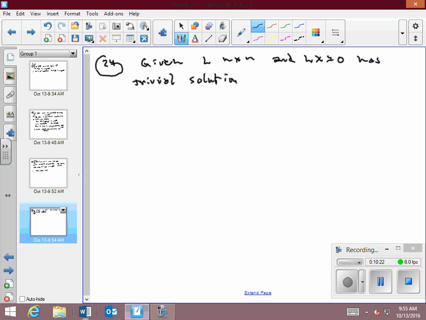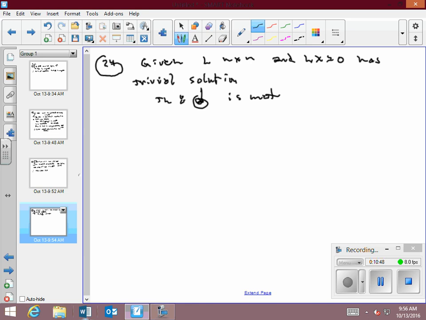Okay. And then theorem 8d, excuse me, is met. If you look at theorem 8d, it says the homogeneous equation Ax equals 0 has only the trivial solution.